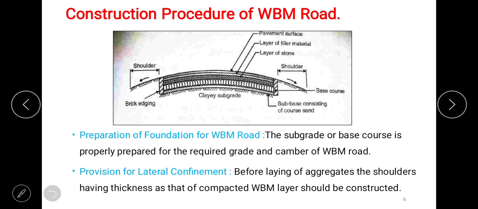Construction procedure of WBM road. So you can see the photograph. It consists of different layers. Along with shoulders also is to be constructed first with lateral vertical stability. Here bricks are used for lateral stability at the edges of the road, and then different layers you can see: clay subgrade, then sand material as subbase course, and then different course in between surface layer and the clay subgrade.